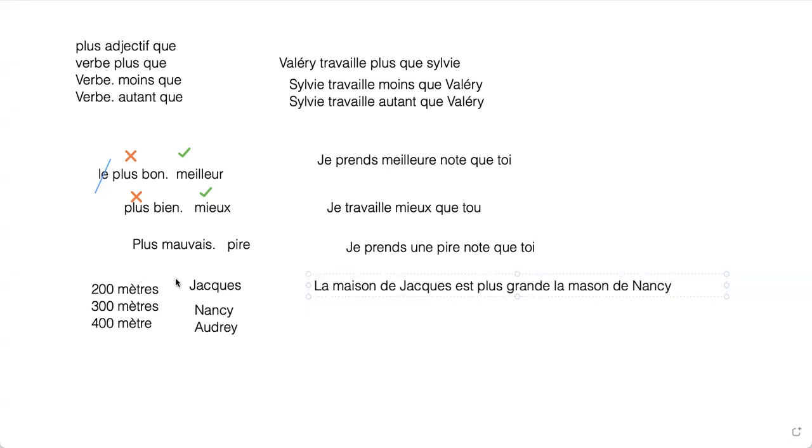Alors, je pense que j'ai fait une erreur ici. Je dois dire que la maison de Nancy est plus grande que la maison de Jacques. OK? Plus grande que la maison de Jacques.